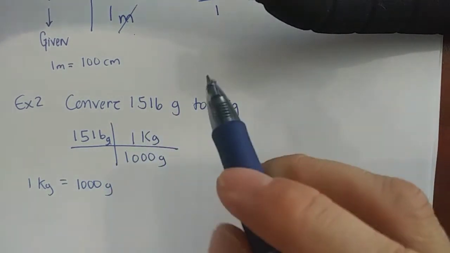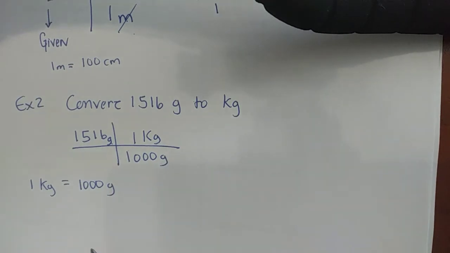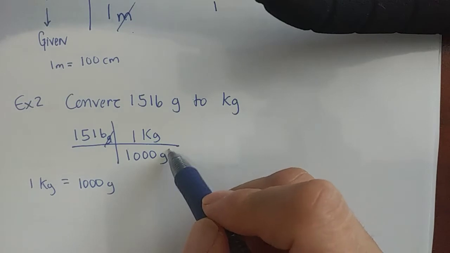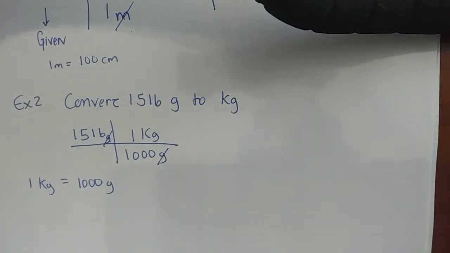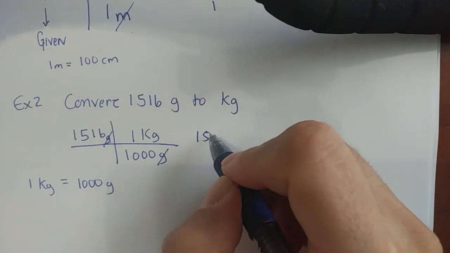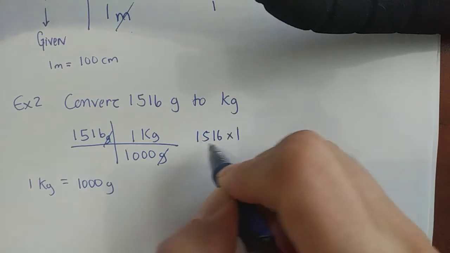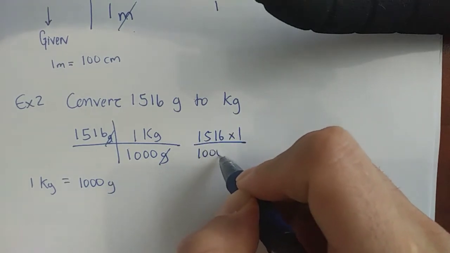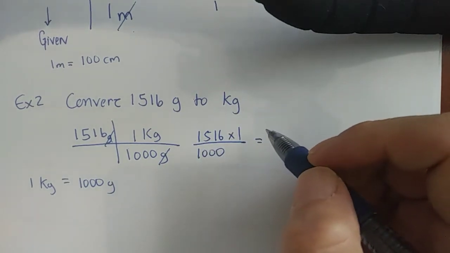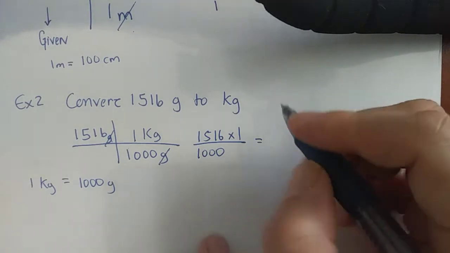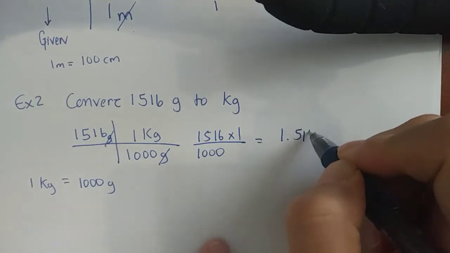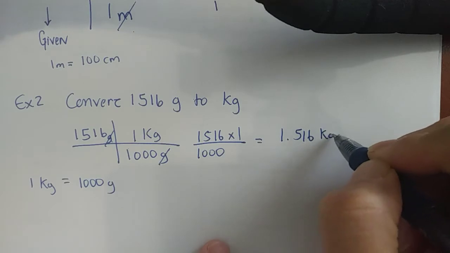That's what we want to end up with. So the grams are going to cancel. And now we multiply across the top. Divide by the bottom. And I get 1.516 kg.